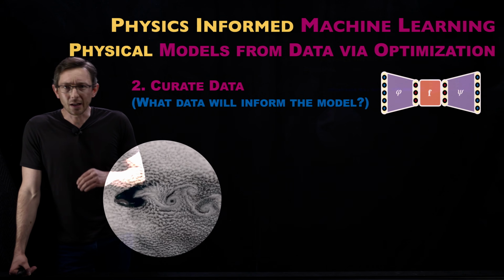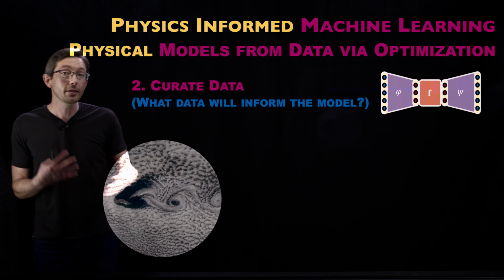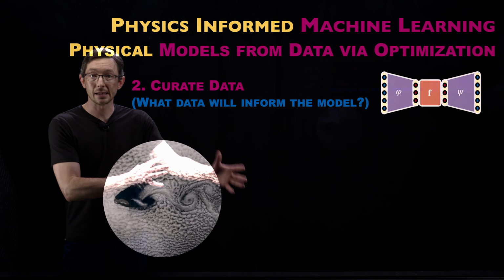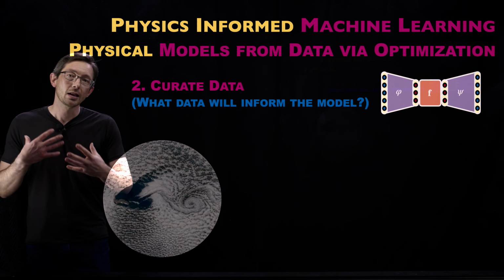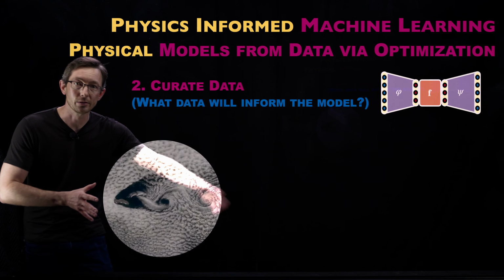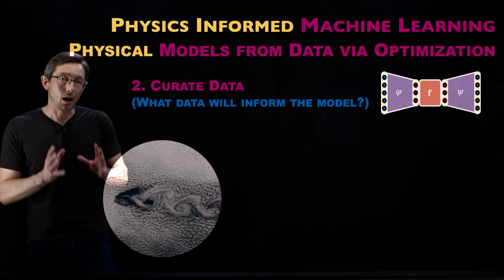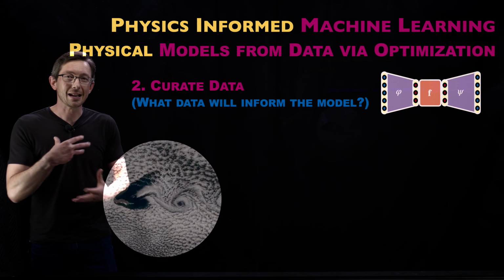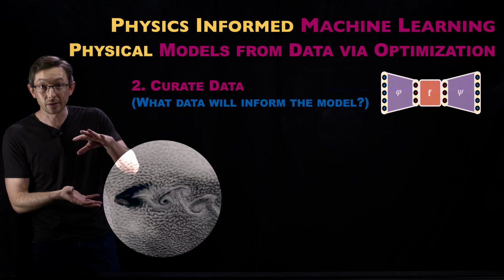Good. So we talked about this in the intro video, this idea that one thing you can do to bake physics into your machine learning model in this data curation stage is, if there's some data I'm going to use to generate a machine learning model, often I know some prior physics, like this system is translation invariant or rotation invariant.